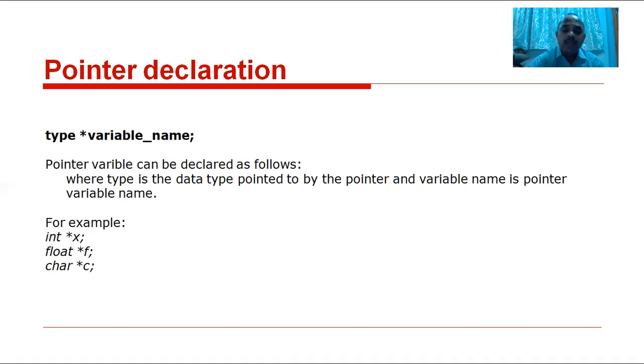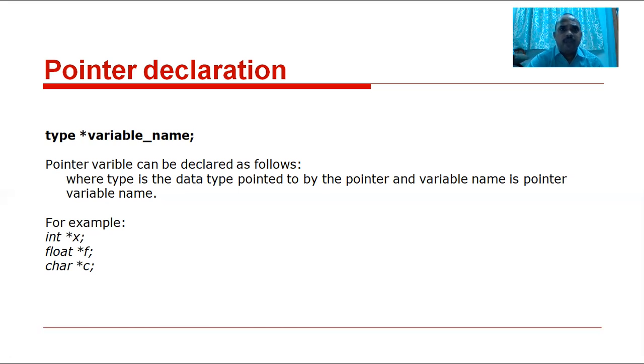It collects a value from another variable, which should be an ordinary variable. Clear? The next one: there are two operators playing major roles in C++ and C language. The ampersand operator is the address operator, and it represents the address of a variable.